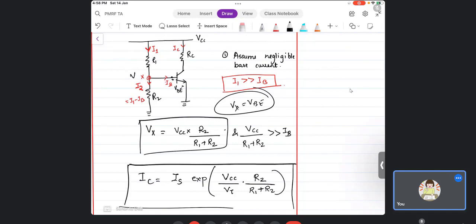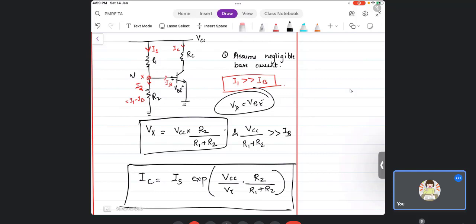Our problem was that VBE was depending on IB, and therefore VBE was depending on IC, and IC again was depending on VBE. So there was a cycle. I have now broken the cycle by assuming IB as negligible. Now you can say, ma'am, how can you assume IB to be negligible? Well, I will make IB negligible. This is in my hands. I am designing the circuit.